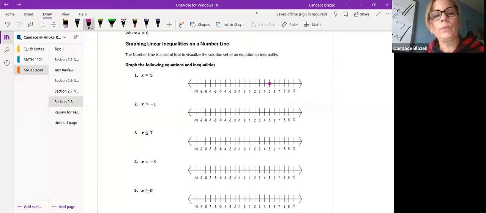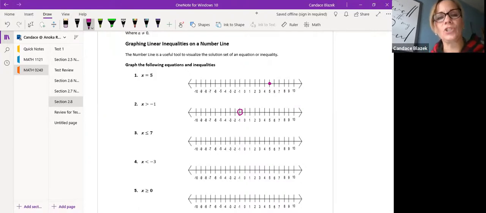Now the difference when we look at an inequality like we have in number 2, we say it as x is greater than -1. Notice x cannot be -1. It has to be greater than -1. So we're going to circle that -1. It's where we're going to start.